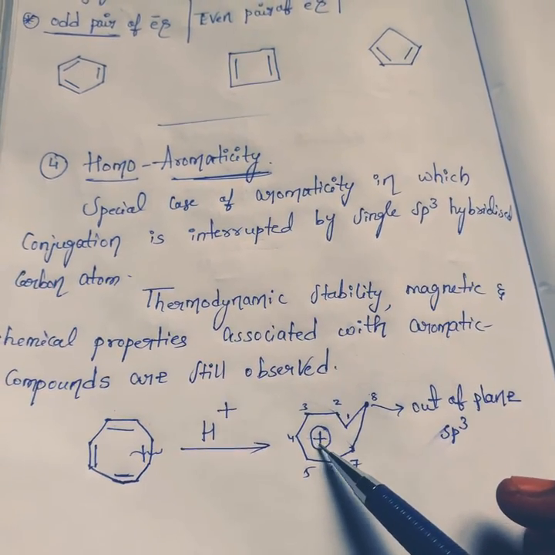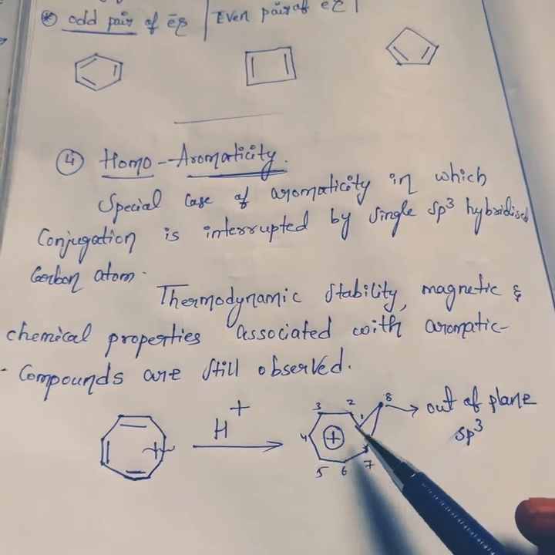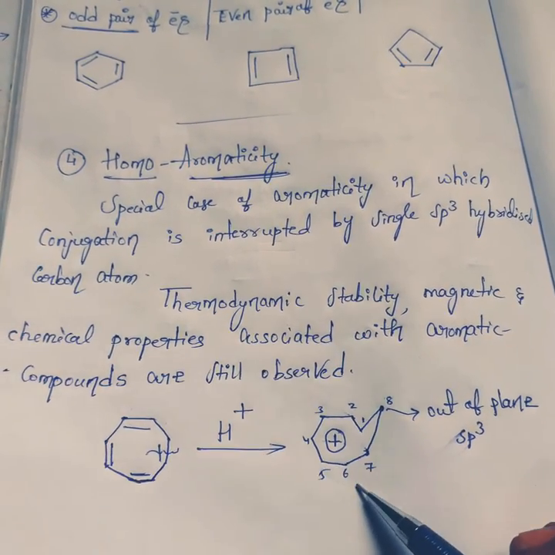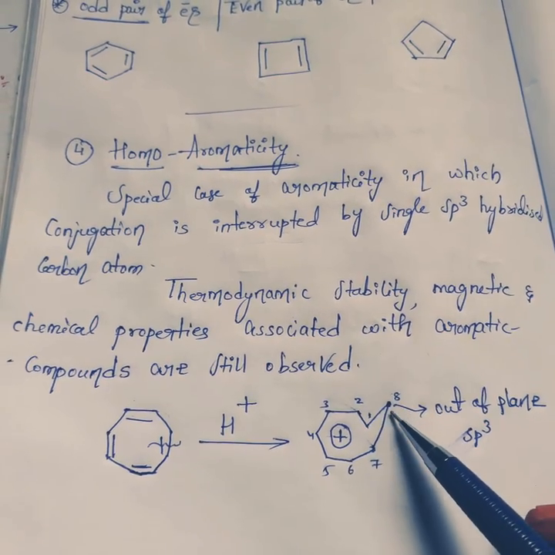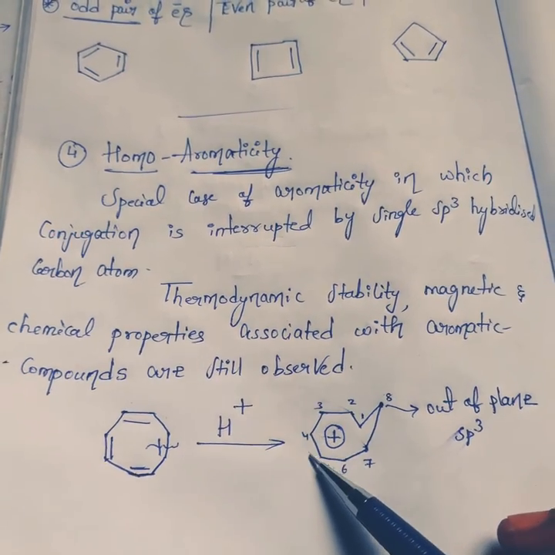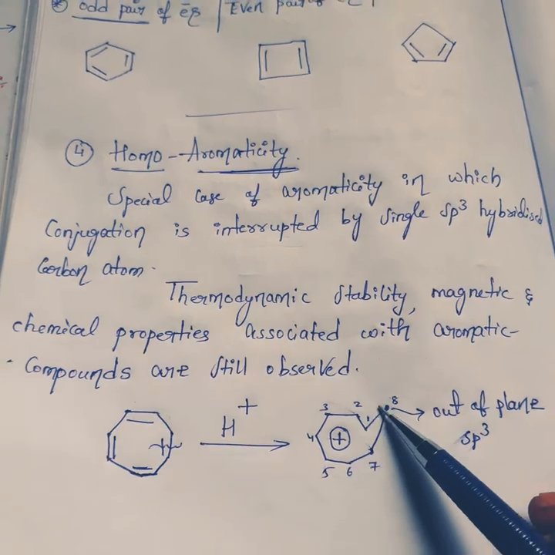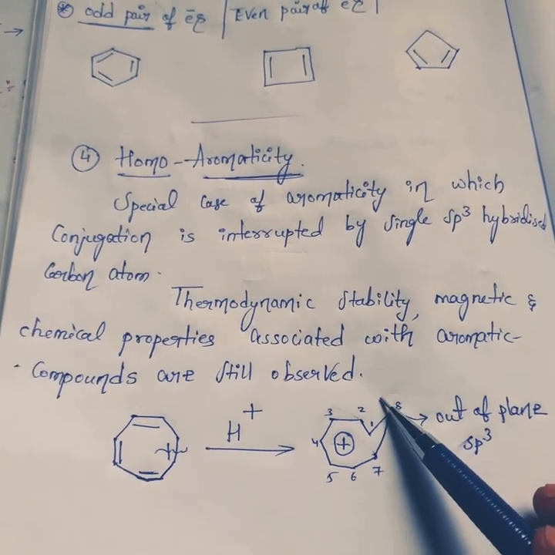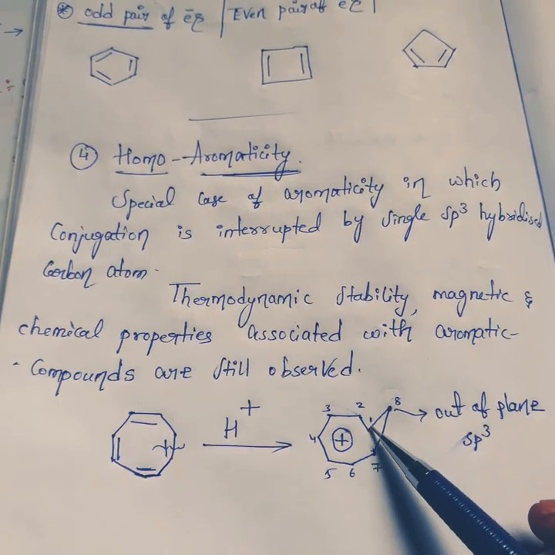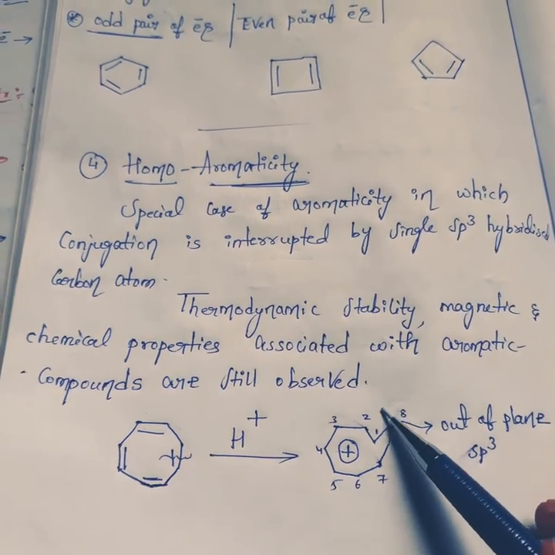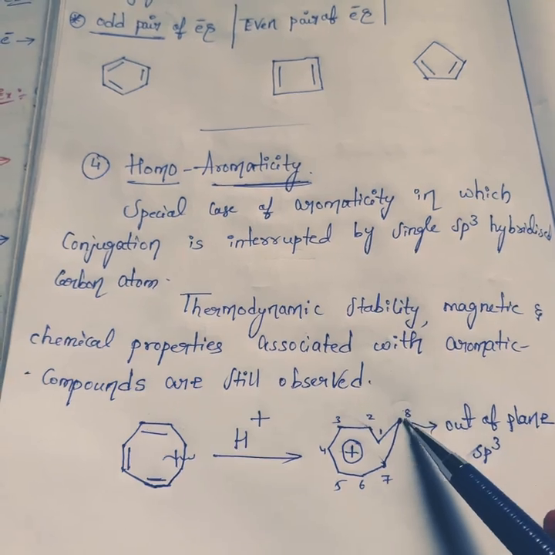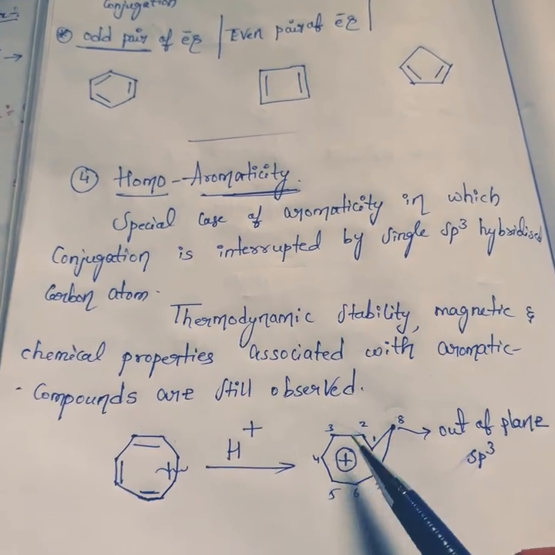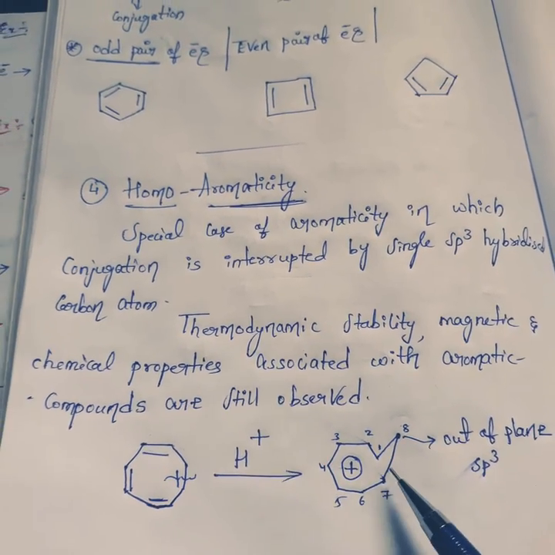Here the plus with a circle indicates that all these carbons are sp2 hybridized except this carbon, because the conjugation is interrupted by one sp3 hybridized carbon. This carbon comes out of the plane, so it exhibits sp3 hybridization. So this is showing homoaromaticity.